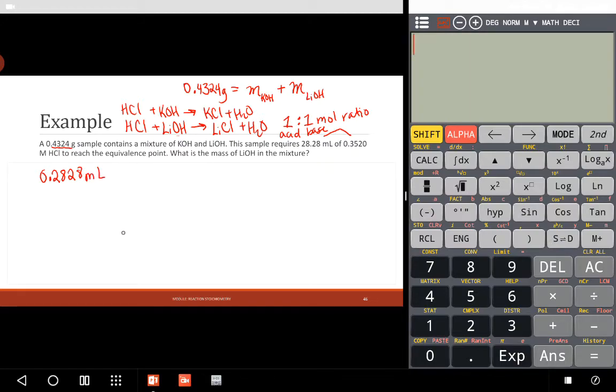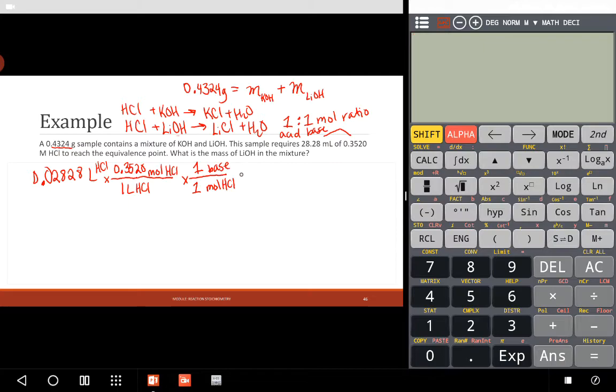So let's go ahead and do that. Let's convert this into liters properly. So I converted my milliliters into liters, and this is liters of HCl. Then I'll cancel out my liters of HCl solution and get into moles of HCl by multiplying by the molarity. And then from my stoichiometry, I know that I have 1 mole of HCl for every 1 mole of base.